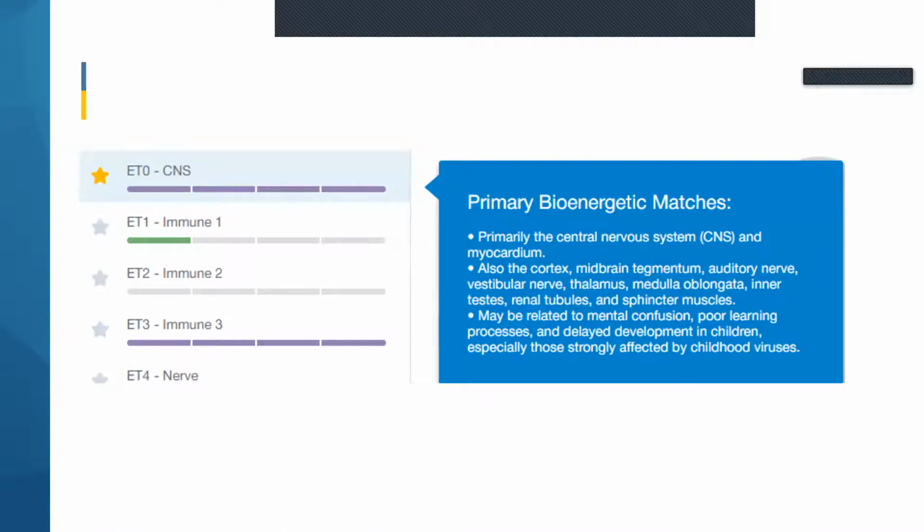Looking at the central nervous system and the myocardium, this can also be related to mental confusion, poor learning processes, possibly for those people that may have been infected by childhood viruses. Okay, so even though she was in a state of defeat, her nervous system definitely needed some support.